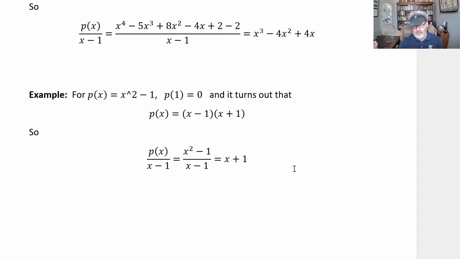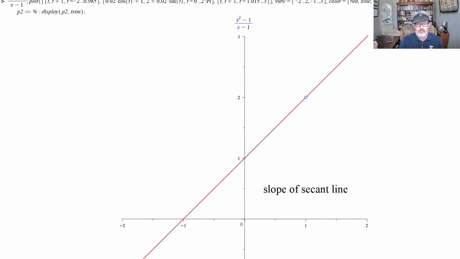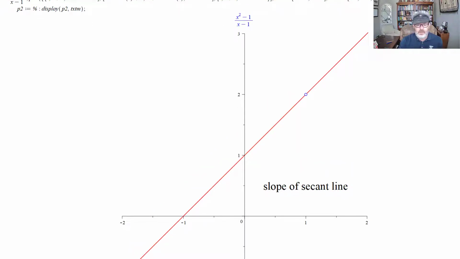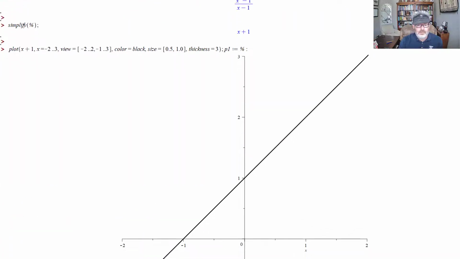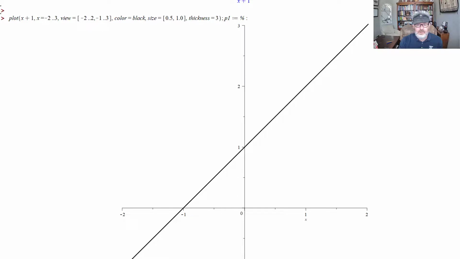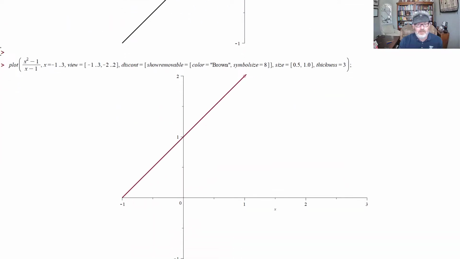So they're going to have the same limit, because what happens at the x value doesn't affect the limit. So again, there's x squared minus 1 over x minus 1. Then simplifying, I just get x plus 1. It's the same graph. If I put them one on top of the other, whoops, not a good view there.